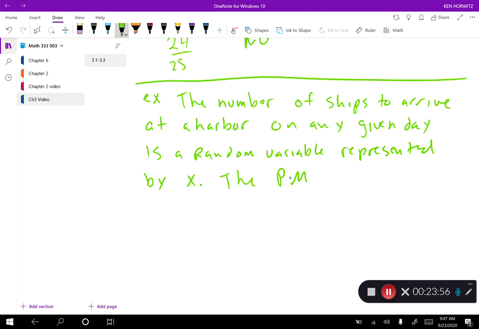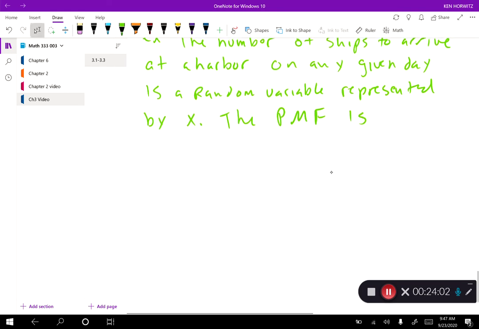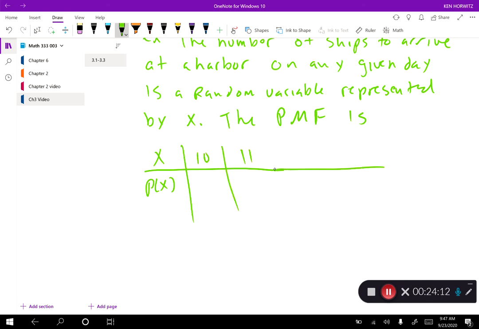The probability mass function is: I got 10, 11, 12, 13, 14. All right. And I got 0.4, 0.2, 0.2, 0.1, 0.1.